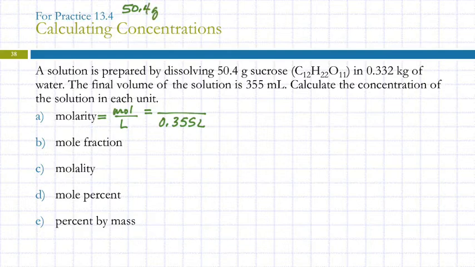50.4 grams of sucrose. They gave me the formula. And I want to convert that to moles. So I'm going to put moles on top and grams on the bottom. I need the molar mass to do that. So 12 times 12.01 plus 22 times 1.008 plus 11 times 16, 342.296.